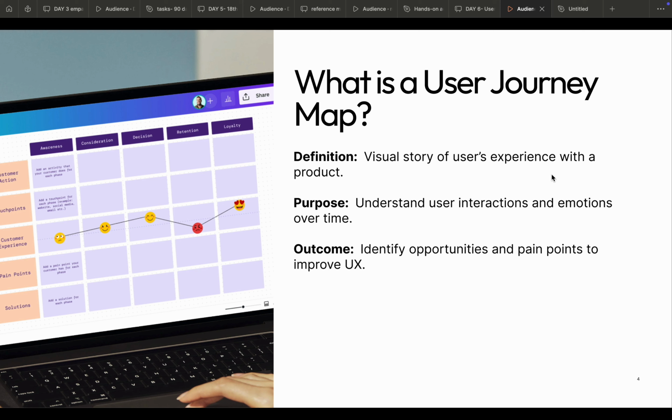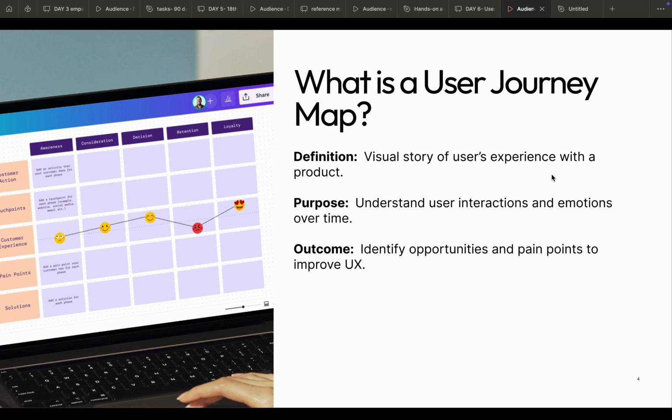It is a visual story of the user's experience with a product. So how a user is going to experience the app and his whole journey. First when he comes into the app, what he's seeing on the home page, on the landing page, which page he goes to next from the landing page, and what is the end goal of the user in that app.